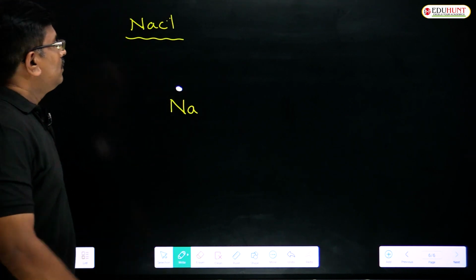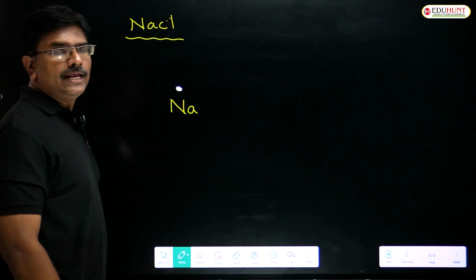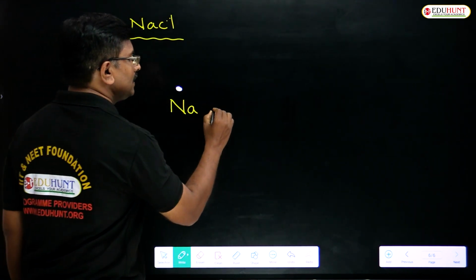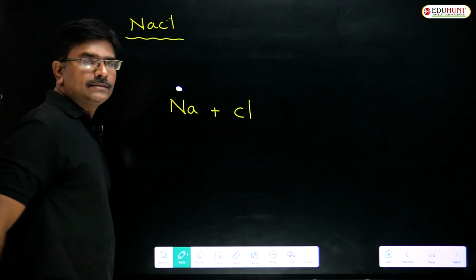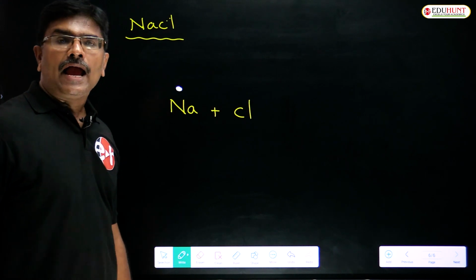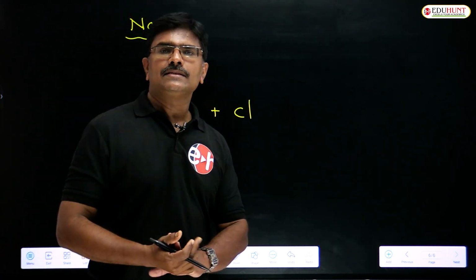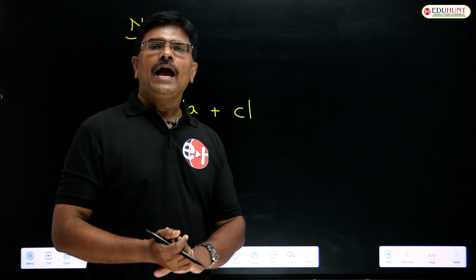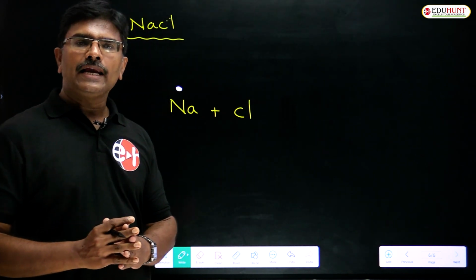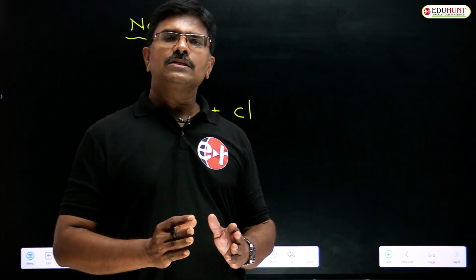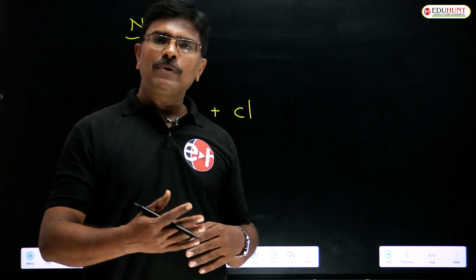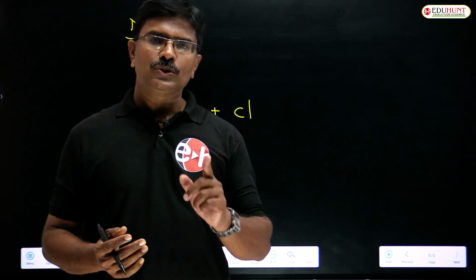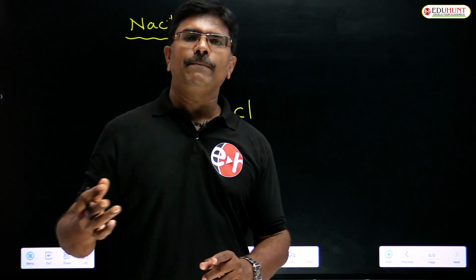Okay, now let us consider the chlorine valency shell, whose symbol is Cl, right? Chlorine's atomic number is 17, and the way to write its electronic configuration is 2, 8, 7, or in the normal format 1s2, 2s2, 2p6, 3s2, 3p5.